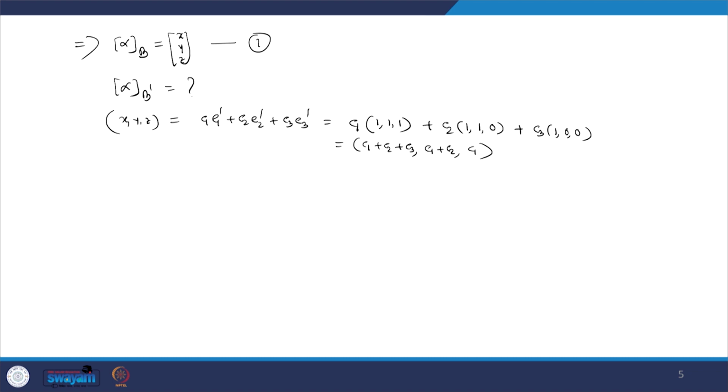Once this is known, then the transpose of this coordinate matrix will basically give me the coordinate matrix of alpha with respect to ordered basis B prime.